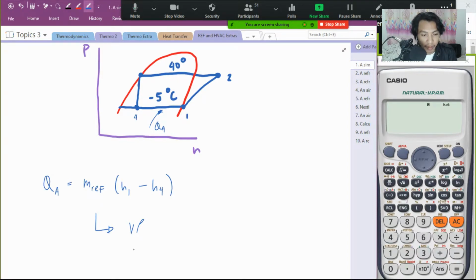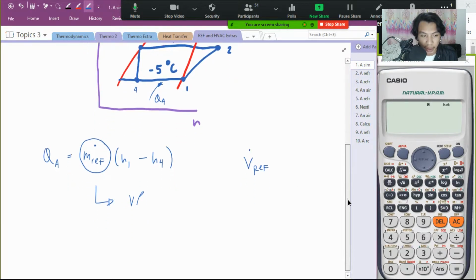Pero ang binigay kasi sa'yo dito is simply yung iyong VG, tama? So dito kunin mo muna yung refrigerant mass flow rate ng refrigerant para makuha mo yung iyong volume flow rate ng refrigerant. Okay, pakita natin kung paano.